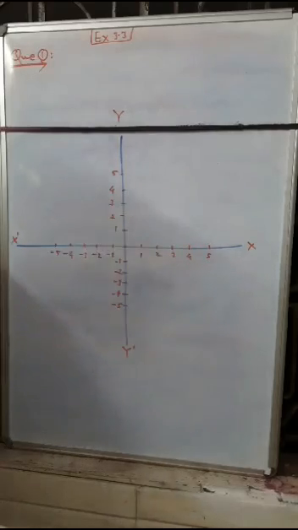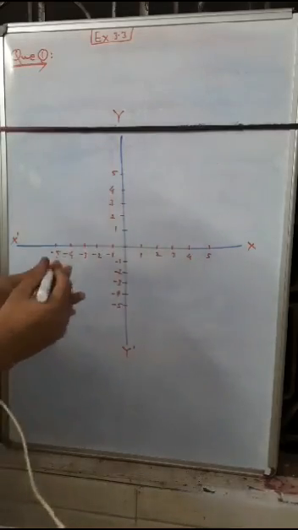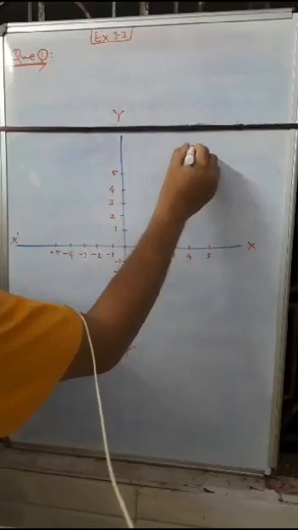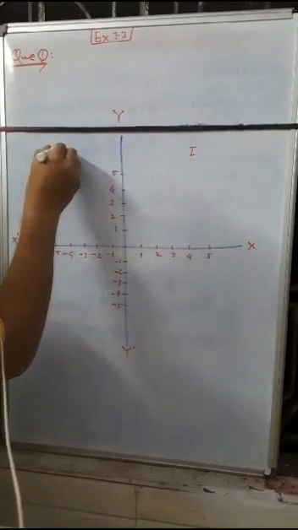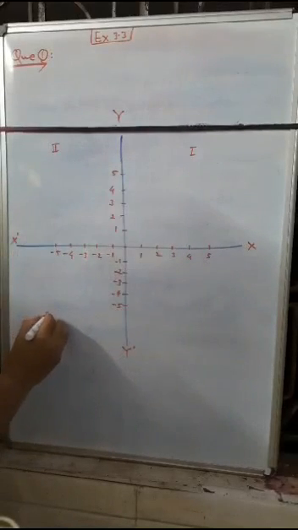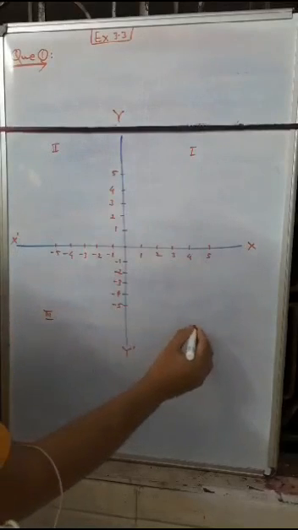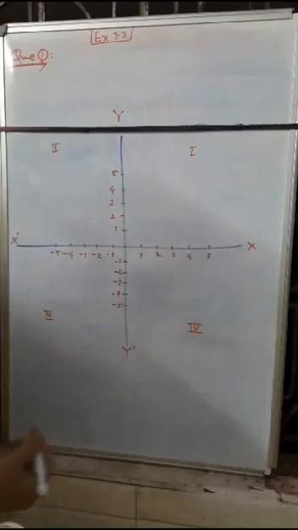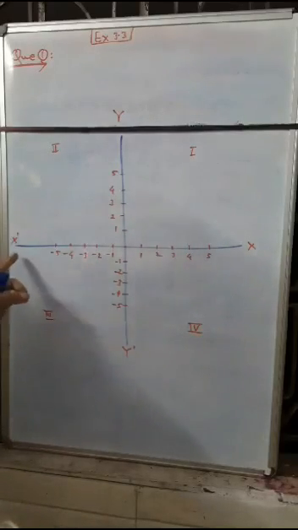So there are 4 quadrants: the first quadrant, the second quadrant, the third quadrant, and the last one, the fourth quadrant of the Cartesian plane.